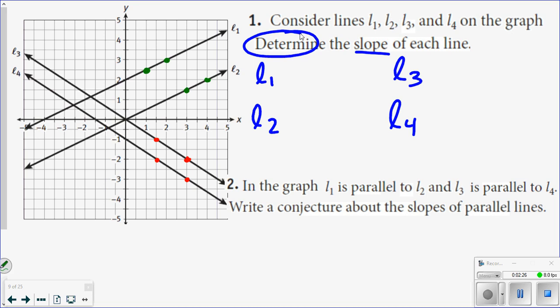You can do it. So line 1 has a slope of up 1 over 2, so it's a positive 1/2. Line 2 has the same slope, up 1 over 2.